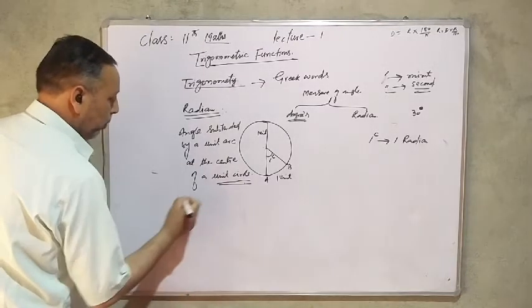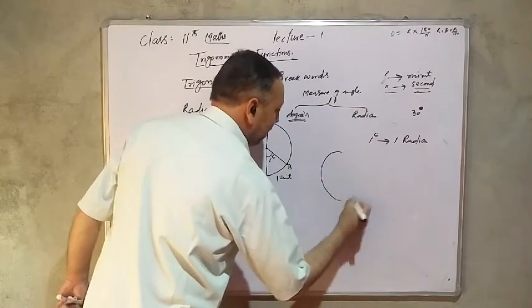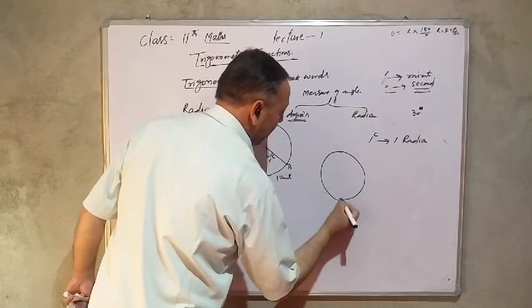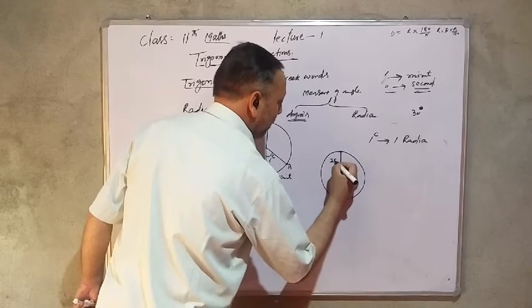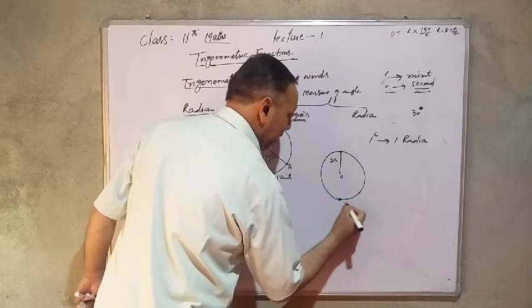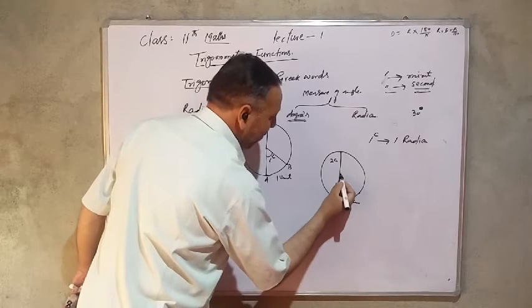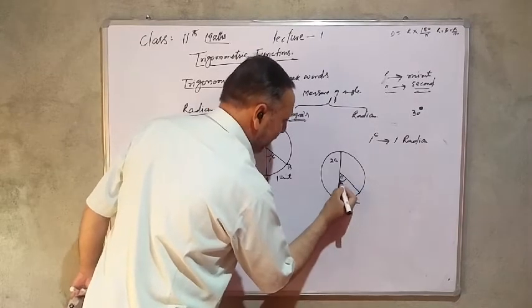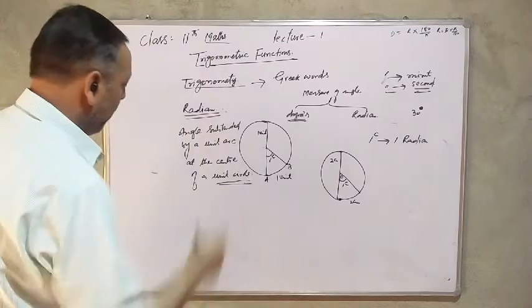Now, for example, if the radius of a circle is 2 centimeter, then you take the arc of length 2 centimeter. The angle which it subtends at the center will be 1 radian. How will it be 1 radian?